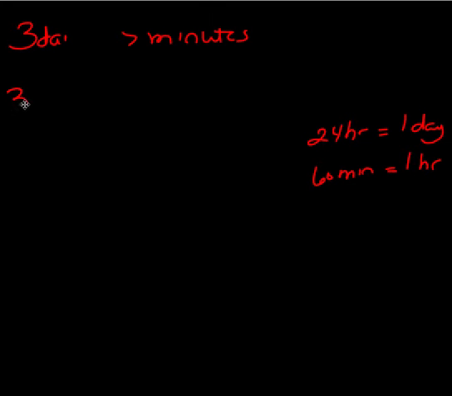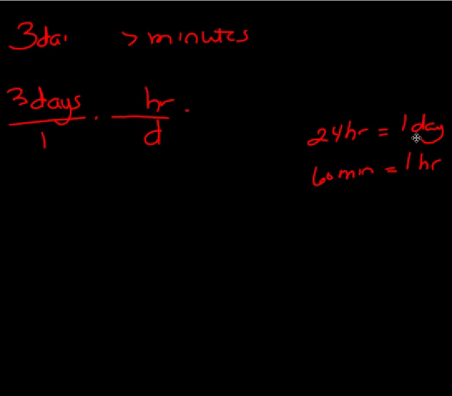So I have 3 days, and I'll just put a 1 to hold my place. Now I said that I'm going to go from days to hours. Since days needs to be canceled out, and days are in our numerator, we're going to put days in our denominator and change it to an hour.